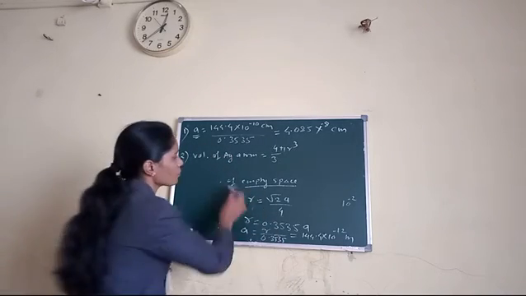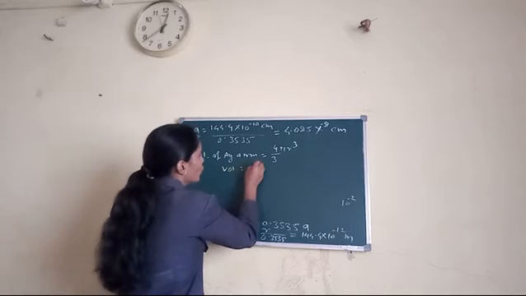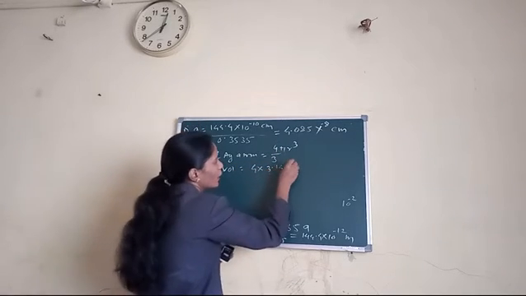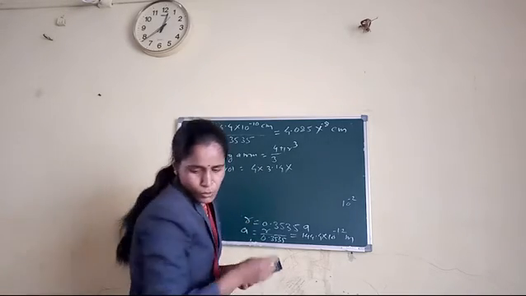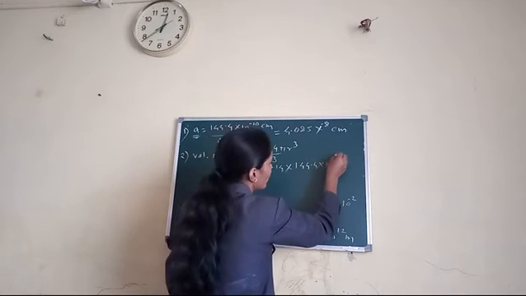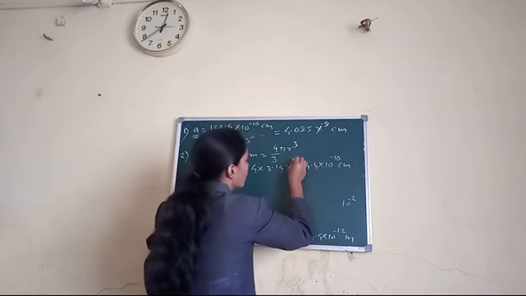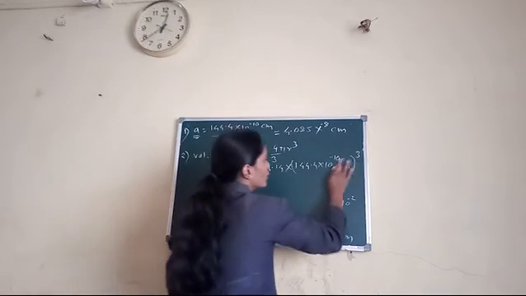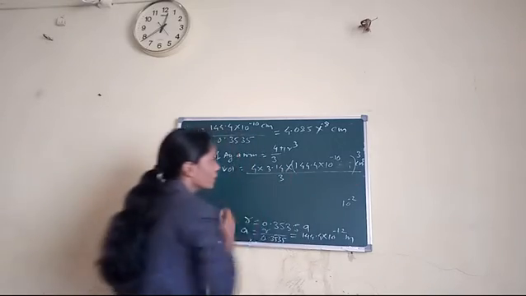Then volume is equal to 4 into 3.14, pi having value 3.14, into r. R is given, that is 144.4 into 10 raised to minus 10 centimeter and their cube, means centimeter cube, upon 3.